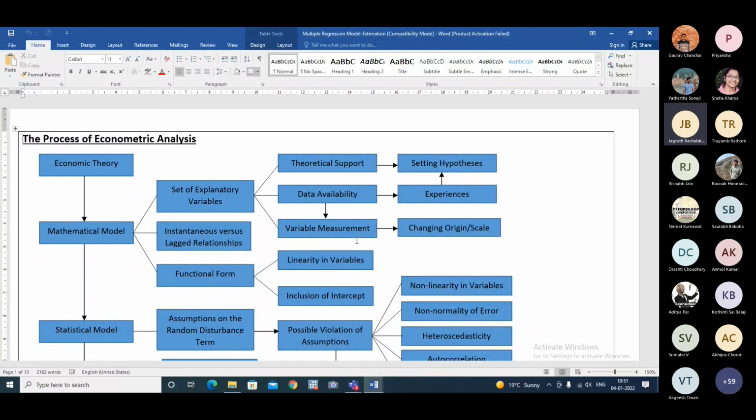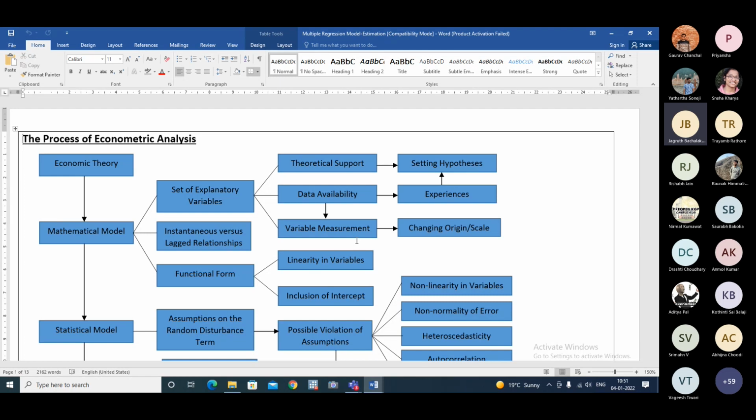We'll explore how the regression results may change depending on changes in origin and or scale of the variables, on measurement of the variables, on whether you are introducing lags or not, and on functional form. All these issues would be discussed in detail during this course.